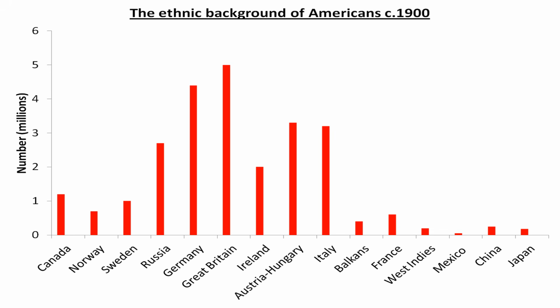Now, if you look through the x-axis and the different countries, we'll notice that the vast majority of them are from mainland Europe. And there are lots of different reasons as to why a lot of people were coming to America up around the year 1900. A lot of it is to do with opportunities in employment.